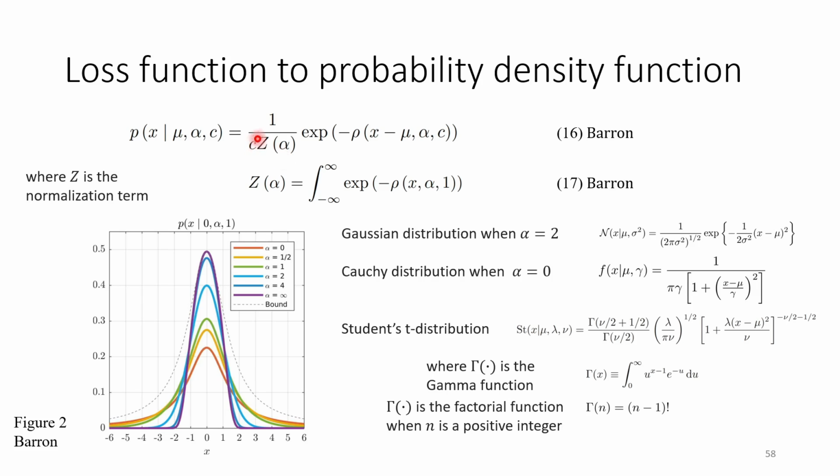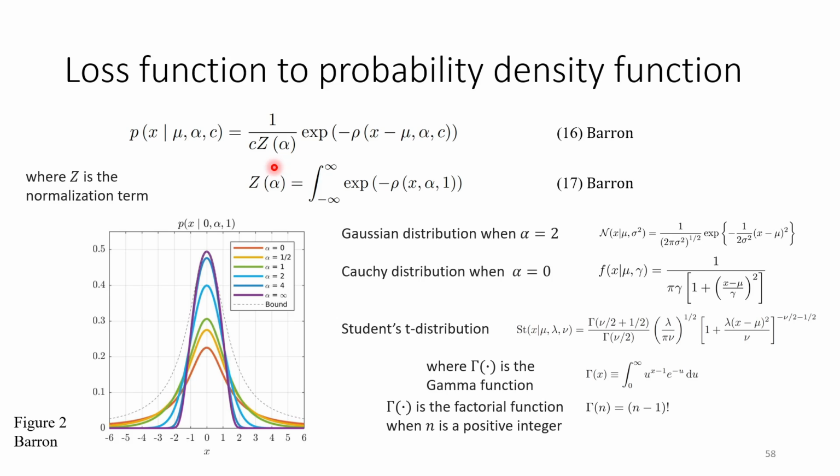And here we have another term called Z of alpha. It is a normalization term. Why do we need normalization? Because the integral of a probability density function should be 1, because the sum of all possible cases, their probability should be 1.